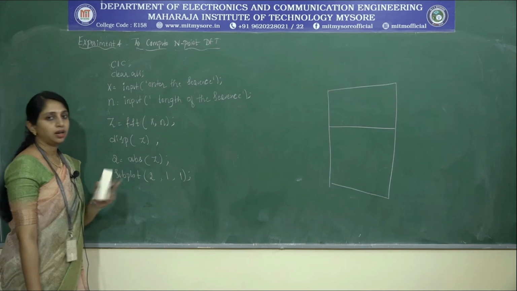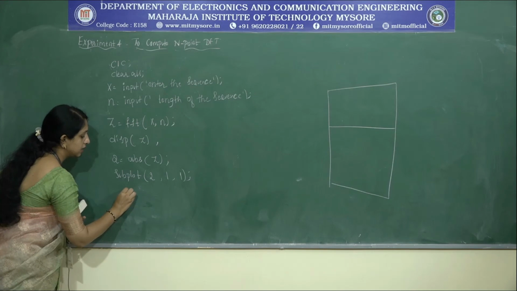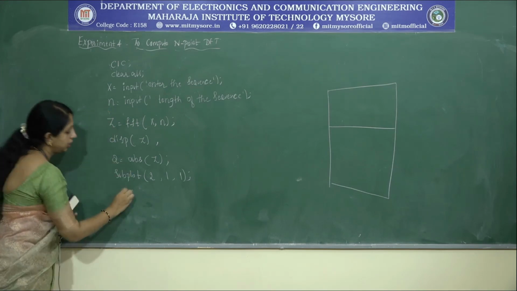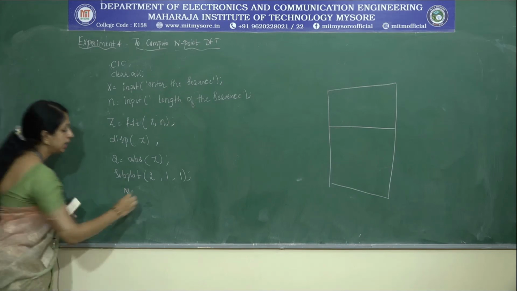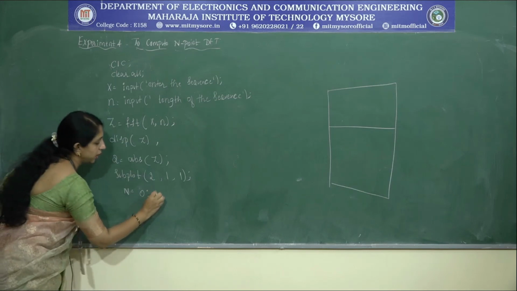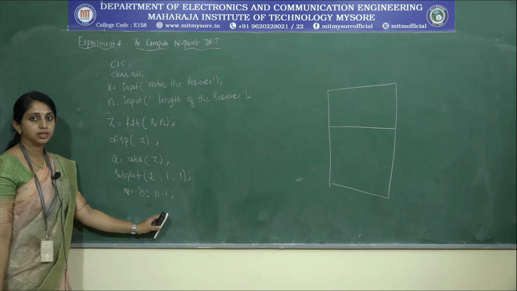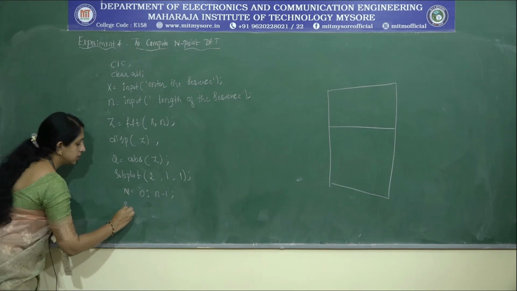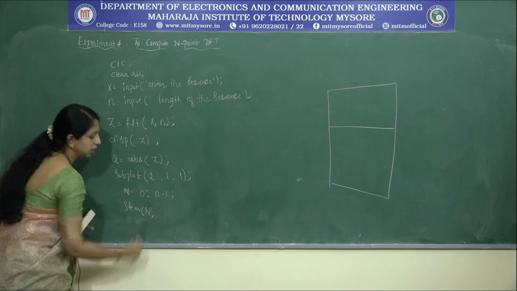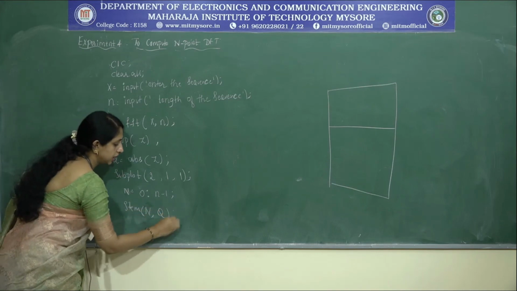Now, define a length for this. Assign it to a capital N, since we have already used small n. It starts from 0 and has to end at n minus 1. Now give stem. Stem of capital N should be the first value, then the absolute value will be the second one.